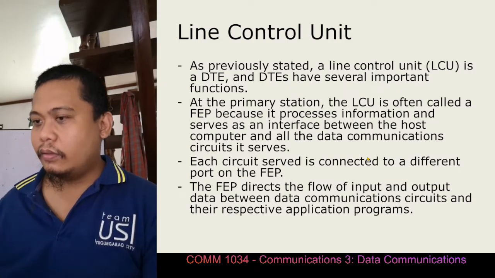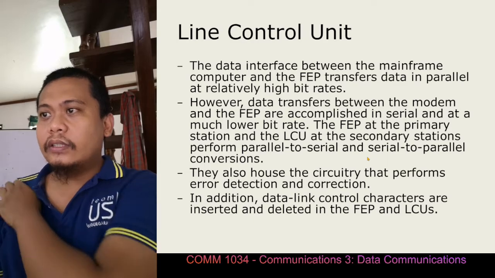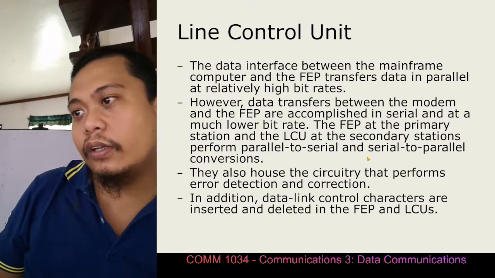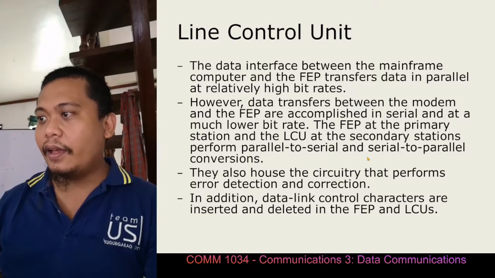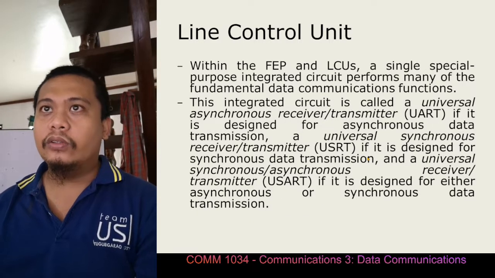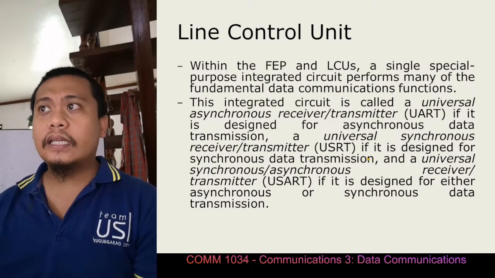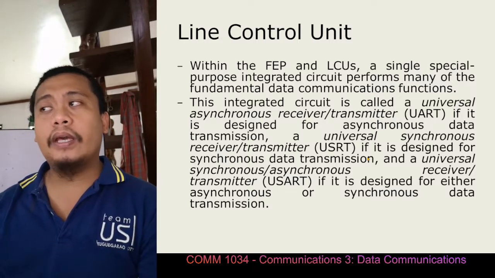Okay, so they also house the circuitry that performs error detection and correction. In addition, data link control characters are inserted and detected in the FEP and LCUs. Within the FEP and LCUs, a single special purpose integrated circuit performs many of the fundamental data communication functions.